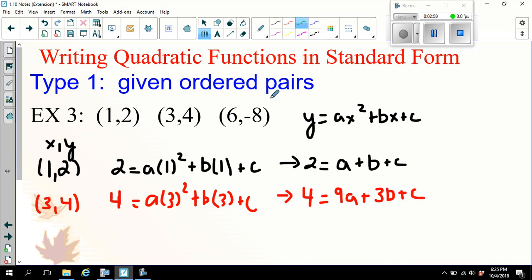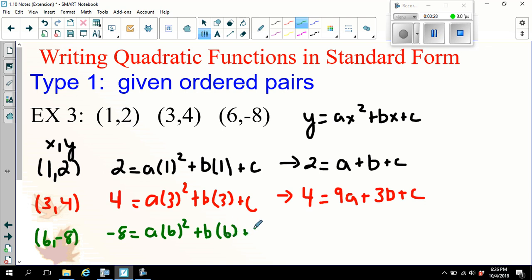And then lastly, we have 6, negative 8. So 6 is our x value. So we'll plug that every single time we see x into the standard form. And then negative 8 is our y, so we plug that into there. So we have negative 8 equals, and then we do a times 6, so we plug that into the x spot, and we square it, plus b times 6, and then we'll have the plus c at the end.